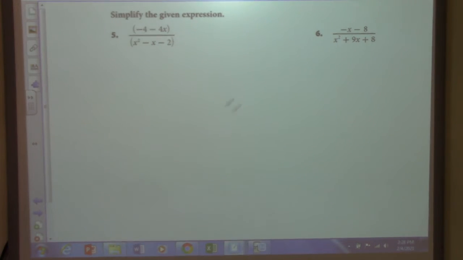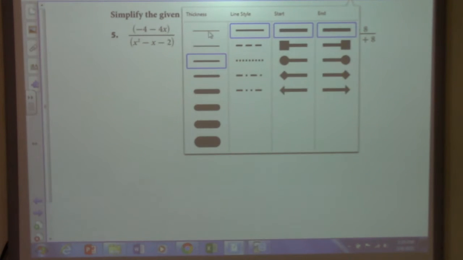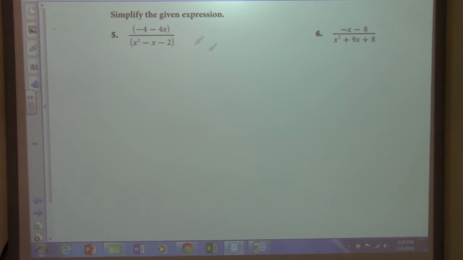So what things have we talked about the last couple of days in this course? What are a couple of things we've talked about? Rational expressions, we talked about that. What kind of techniques did we review to look for over the past couple of days?